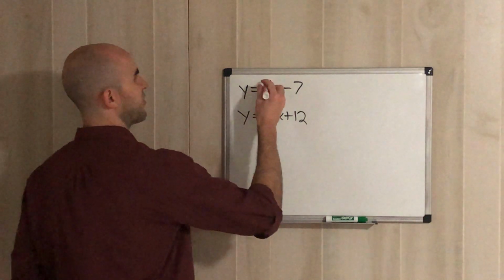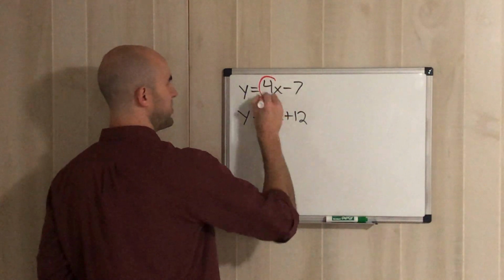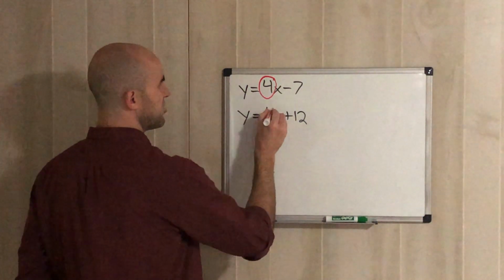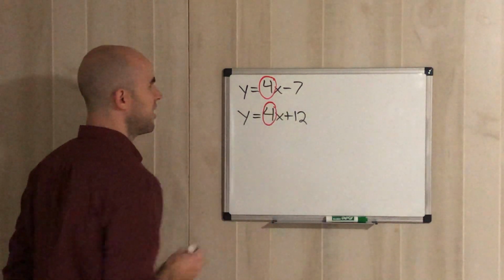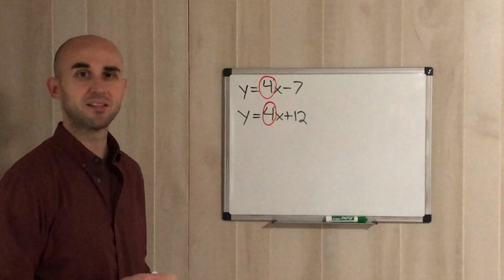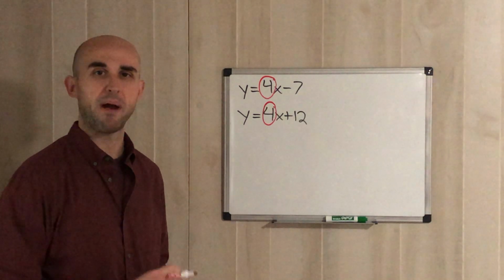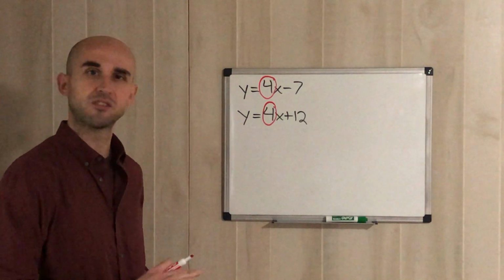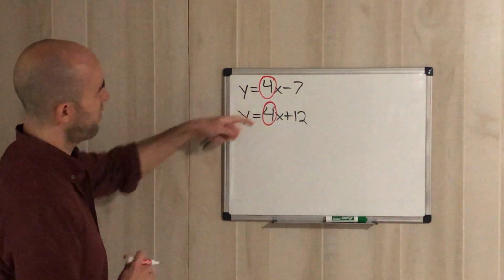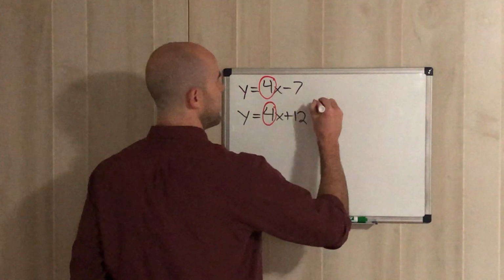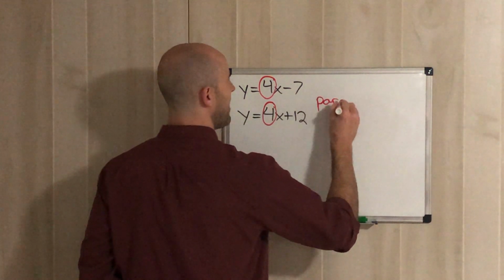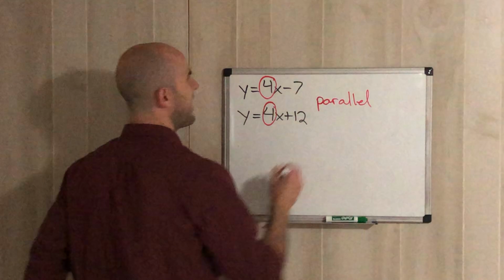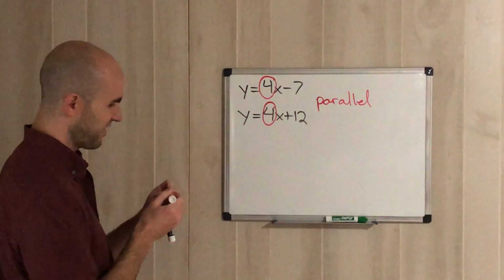So if I look at this first equation, I say that the slope is 4, and in this equation the slope is 4, because slope is always in front of x. Whenever we want to know whether lines are parallel or perpendicular, you just look at the slope. And in this case, both slopes are the same, so it would be parallel, because slopes are exactly the same.